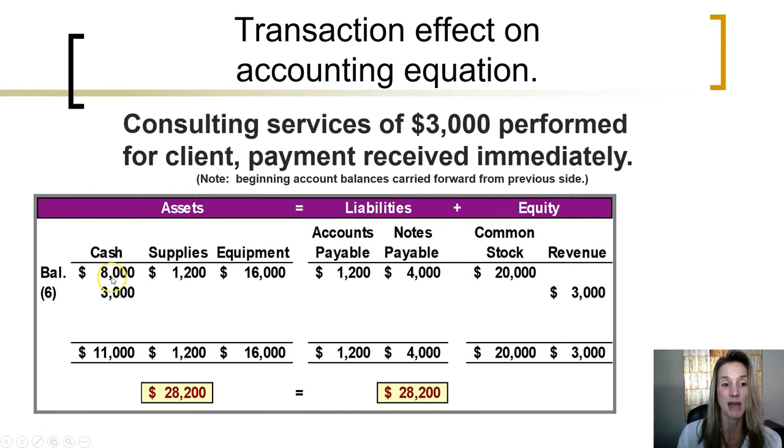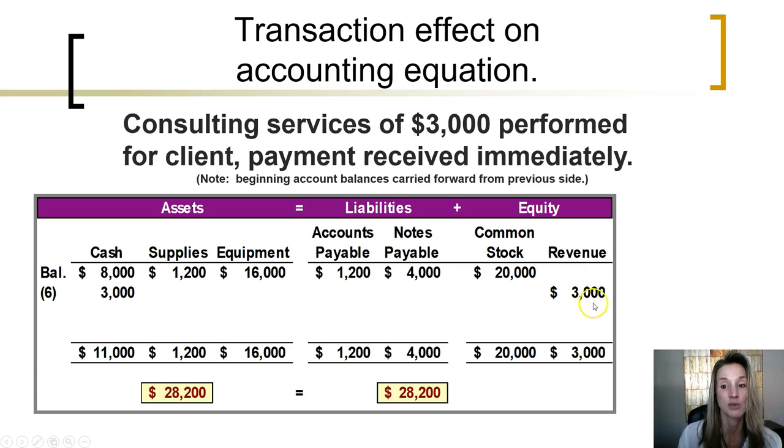Notice that these balances that we are starting with in this slide were carried forward from the prior slide. The next transaction occurred. Consulting services of $3,000 were performed for a client, and payment was received immediately. The company has provided a service, which means they have earned a revenue. They have made a sale. Recall that revenues impact the owner's equity.